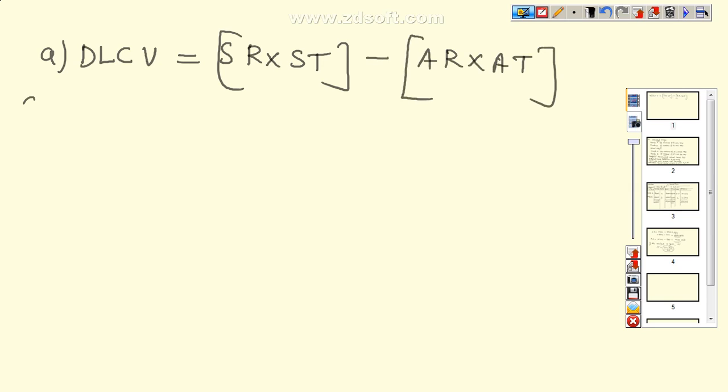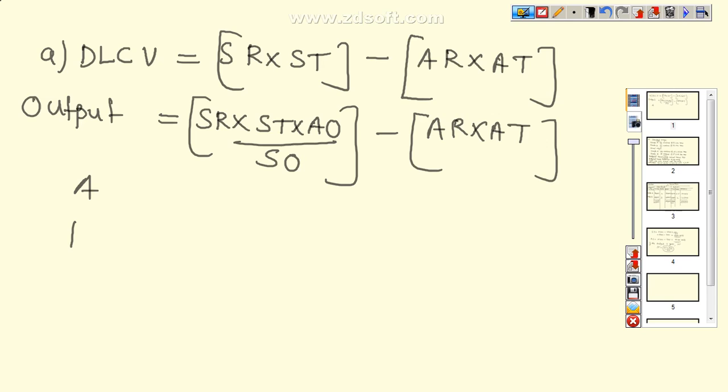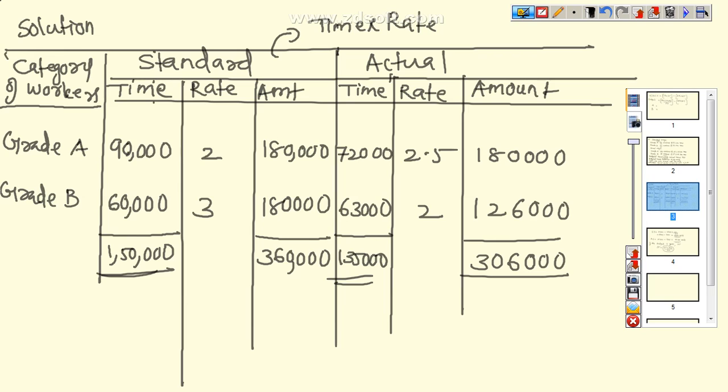So in case of output, if the question is based on output, we have to make a change, that is equal to standard rate multiplied by standard time into actual output upon standard output minus actual rate into actual time. Now there are two grade workers, A as well as B, and standard rate is according to the question. Now we have to see the table.